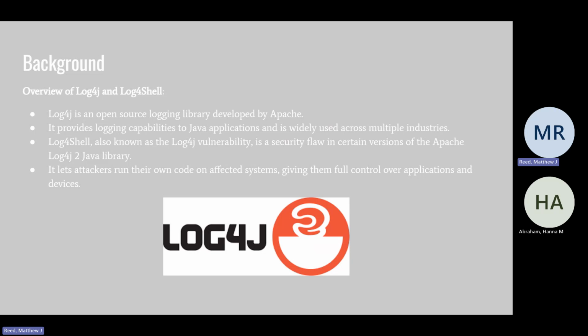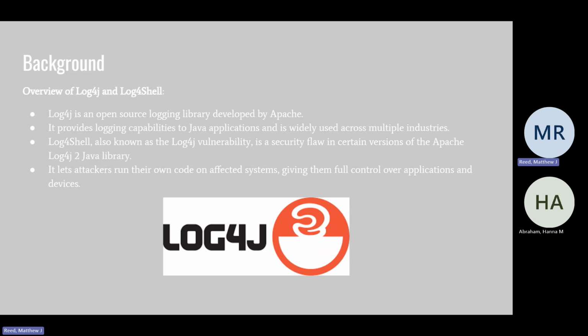Log4Shell is a critical remote code execution vulnerability found in certain versions of the Apache Log4j library. It allows attackers to execute arbitrary code on affected systems, and it gives them potentially full control over applications and devices. This can be easily exploited by sending specially crafted requests to vulnerable systems, leading to unauthorized access, data breaches, and other malicious activities.